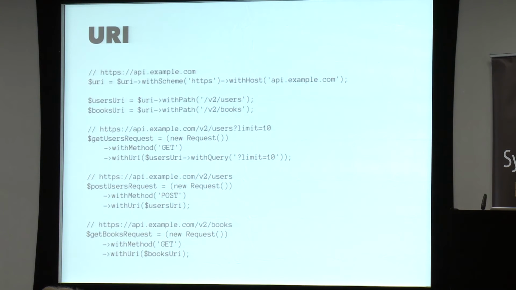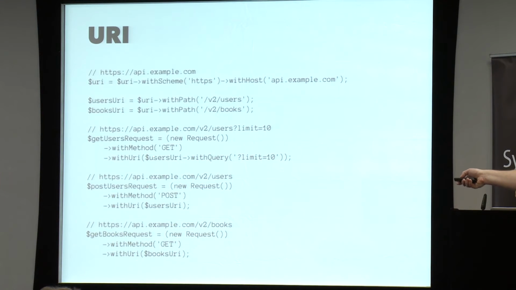Requests, they added the concept of the URI. The URI is actually a really good example of how the immutability can be nice. So for example, we set the user's URI here. We set a base path, so we say URI with path, URI with path. So these are going to be completely separate copies.